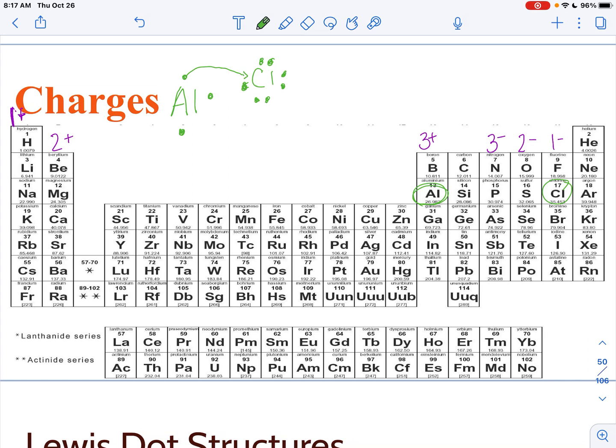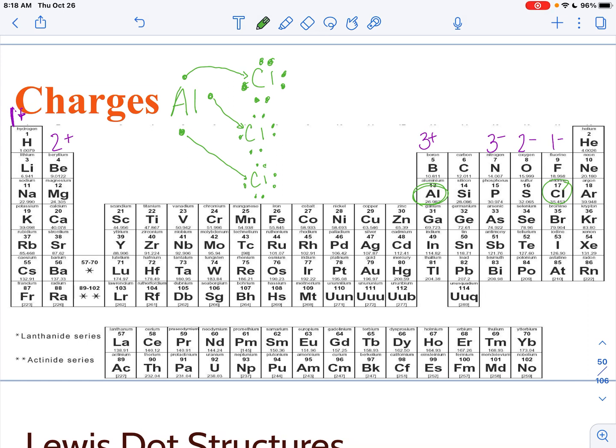So in order to get rid of all of the aluminum's valence electrons, which we have to do, we're going to need 3 chlorines, because chlorine only has 1 open space. So in order to bond aluminum and chlorine, you need 3 chlorines for every 1 aluminum.